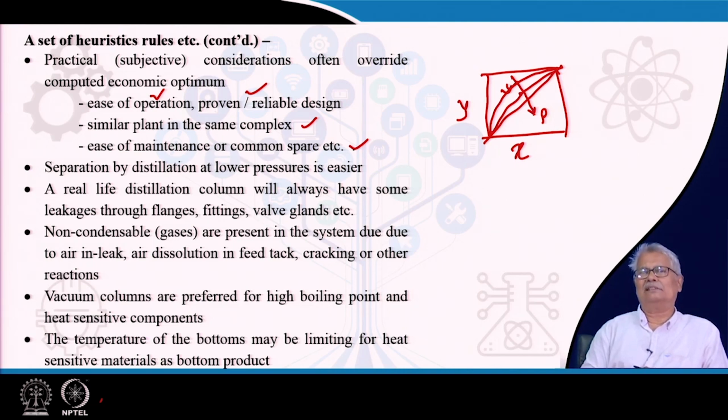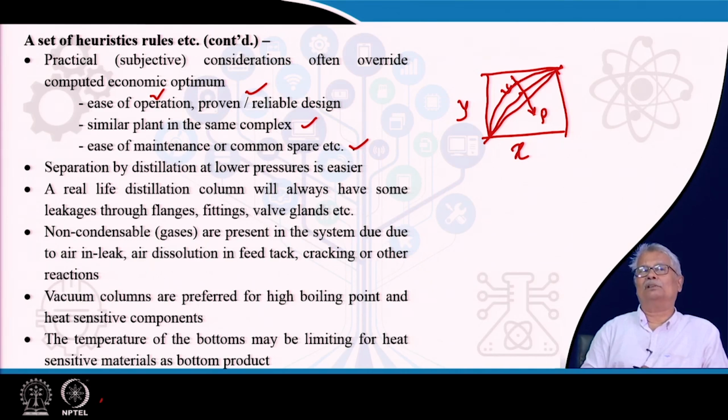In a real life distillation column, there will always be some leakages through the flanges, fittings, valve glands, etc. So if it is an operating pressure which is above the atmosphere, the content inside, the vapor inside will be leaking out, and if it is operating under vacuum, air will be leaking in.